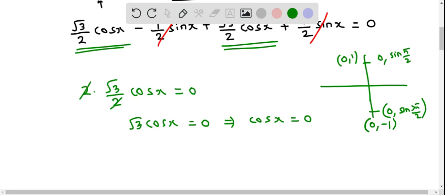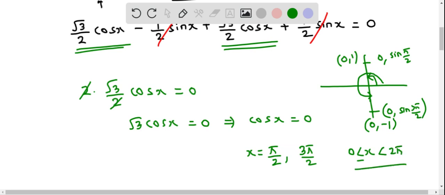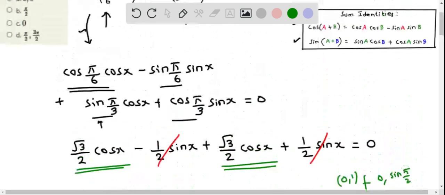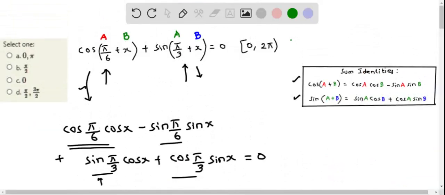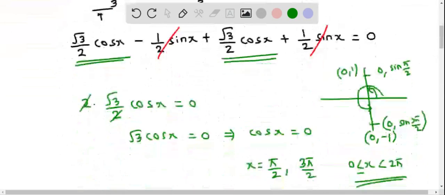So we know that cosine of x is 0 when x equal to pi by 2, as well as when x equal to 3 pi by 2. Only for these two values, that is when x is greater than or equal to 0 and less than 2 pi, as it is given in the question, that is x ranges from 0 to 2 pi.